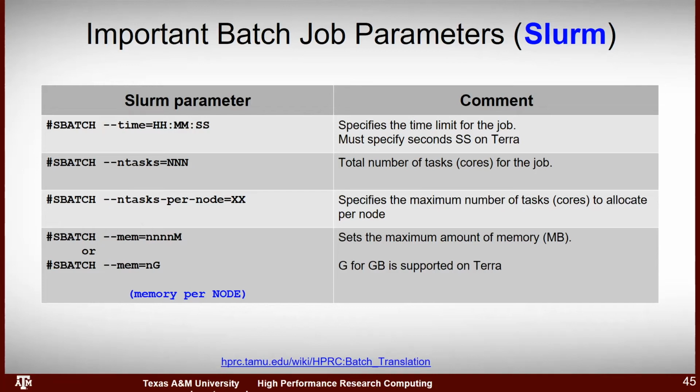For most people, processes, tasks, cores, and threads are all synonymous. But if you are using a program that's doing something with a hybrid approach, then you may have to be more specific about how you request your cores in order for the Slurm file and the program to actually work correctly. It can happen that that's the case.